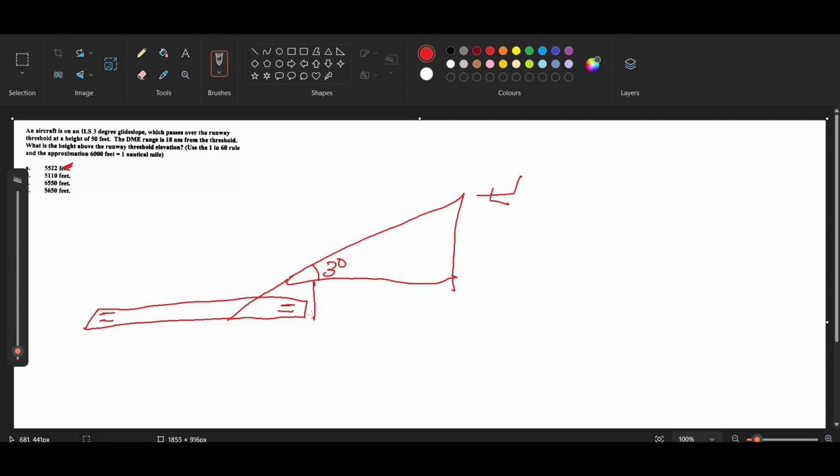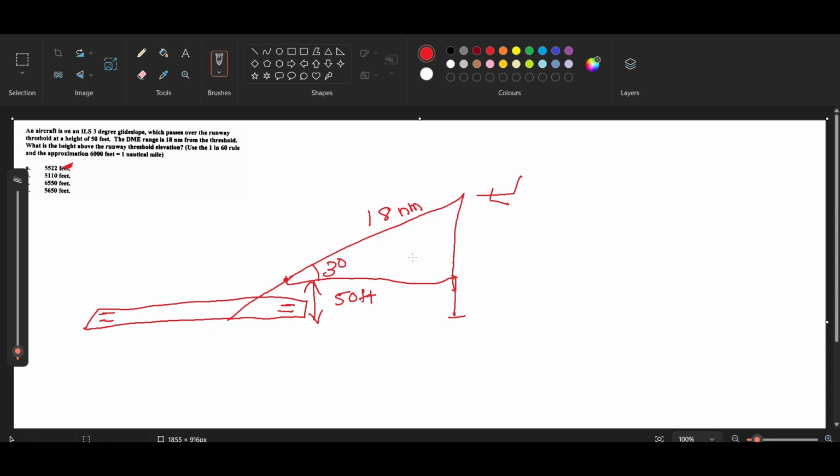There is a height of 50 feet. And the DME range is 80 nautical miles from the threshold. So from here to the aircraft, it is 80 nautical miles. So what is the height above runway threshold elevation?